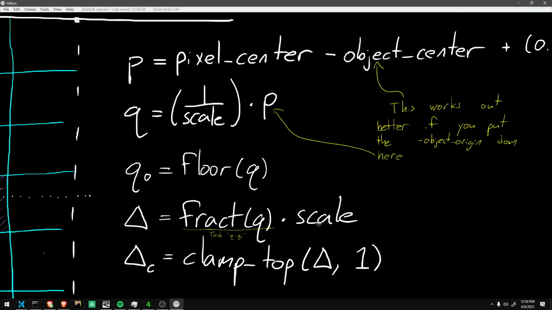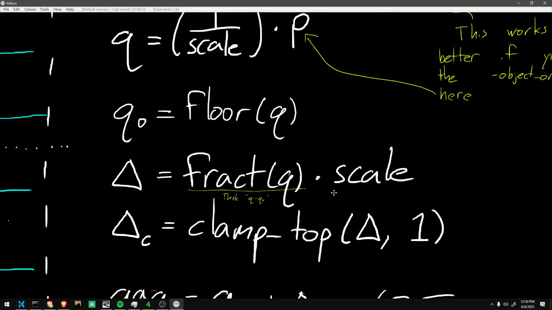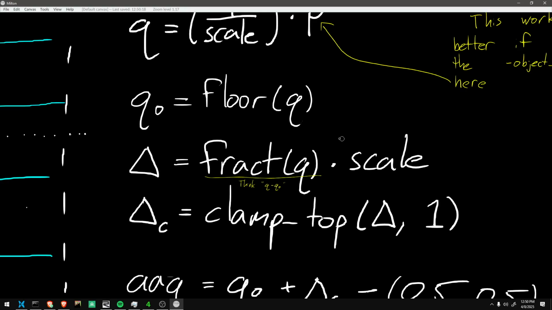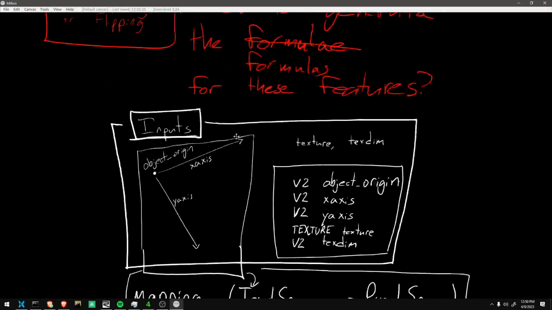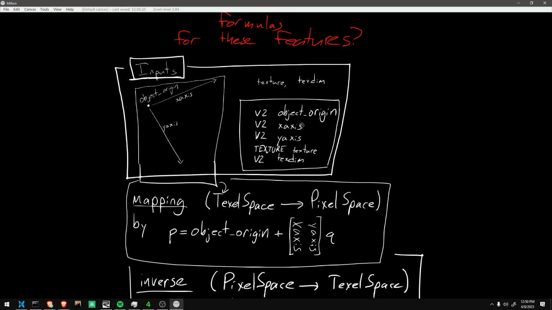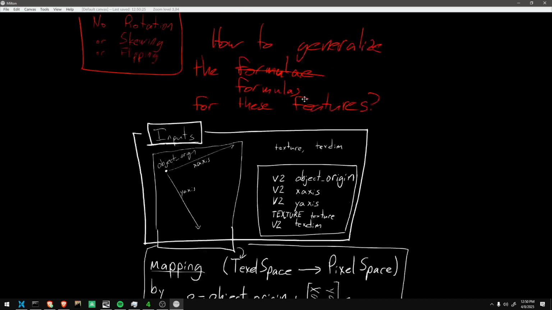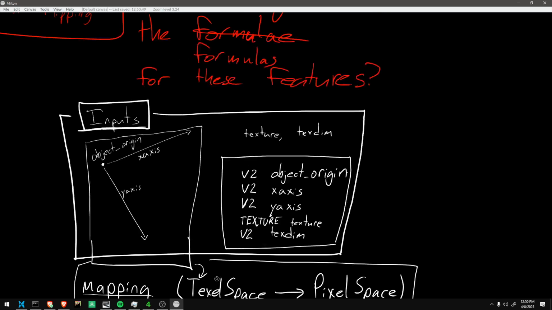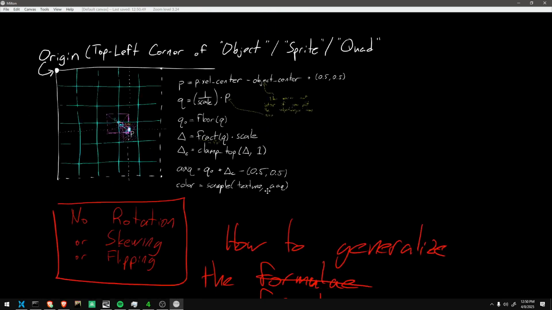Now this times scale looks like placing this delta, this q minus q naught, back into the space of P. So this would be a mapping from texel coordinates to pixel coordinates, but without object origin being part of it. Oh, this isn't quite right.